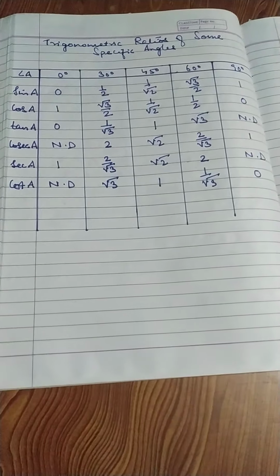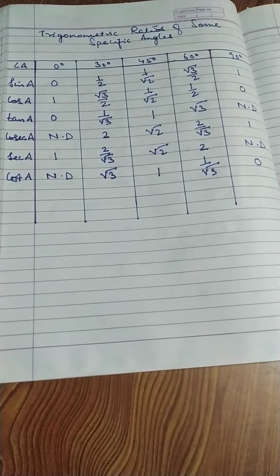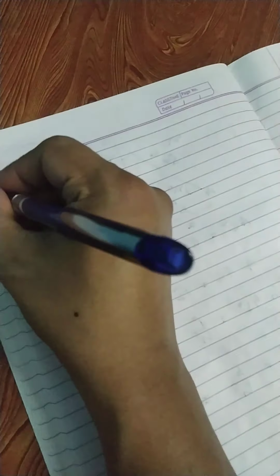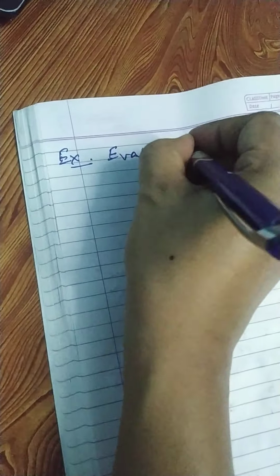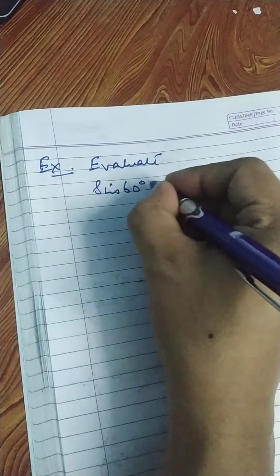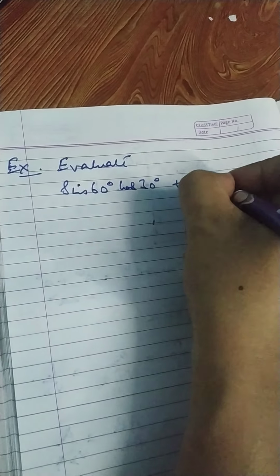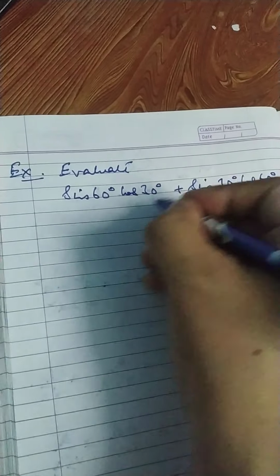Now we will apply these ratios to solve a simple problem. Let's evaluate sine 60 degree cos 30 degree plus sine 30 degree cos 60 degree.